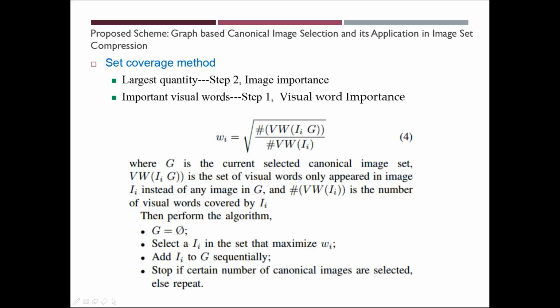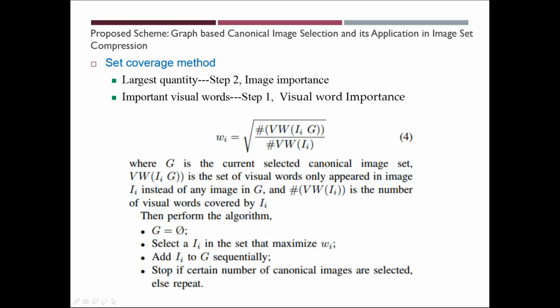Then the set coverage method is like this. First, G equals the empty set, it contains no elements, and then we select an image I_i in the set that maximizes this omega, and then we add I_i to G. If a certain number of canonical images are selected, we will stop.